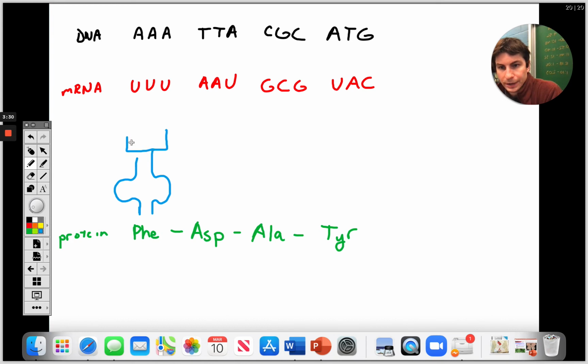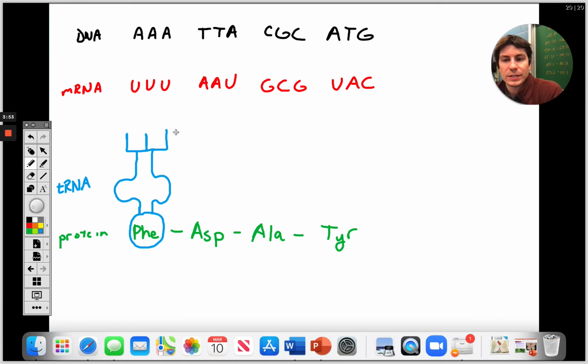I'm not going to try to get artsy on us here. Let me just draw a two-dimensional figure instead of trying to get 3D. So on the other side of this, carrying the phenylalanine over, the blue is our tRNA. That is called transfer RNA, and that's going to transfer our amino acid over.